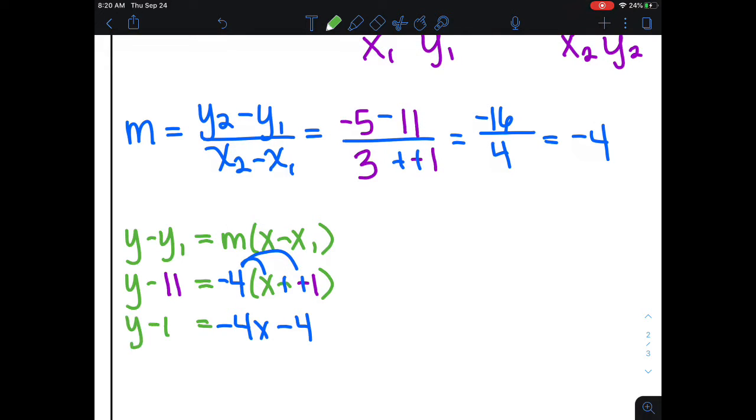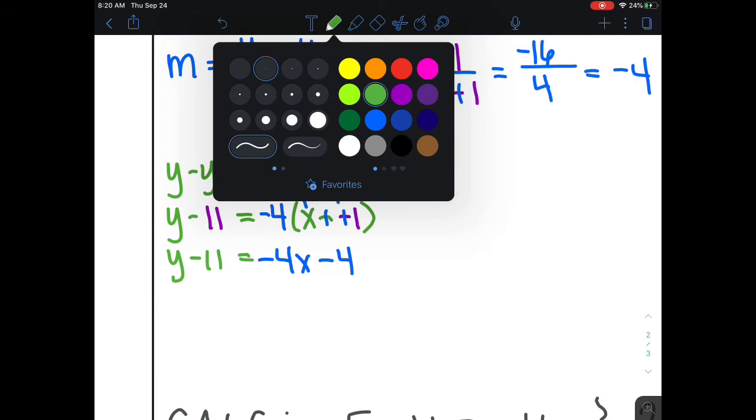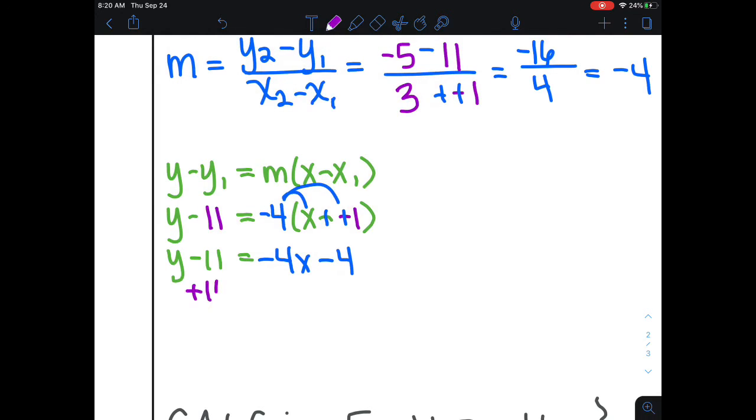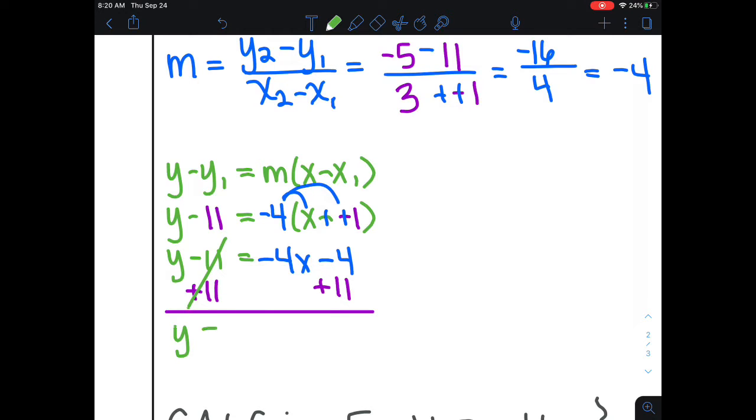All right, and then we have y minus 11 over here, of course. Last step is that we need to add 11 to both sides, right? Because we always have to do the opposite of what's happening to the y. And then that's going to leave us with y equals negative 4x.